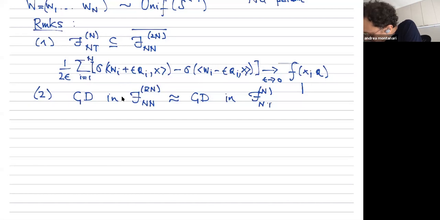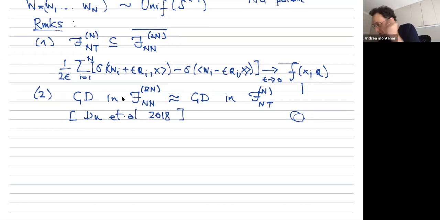Okay, what's happening here? So for this, there are a lot of references starting in, again, 2010, and I'll just mention Du et al. But there are many more. I should mention also Chizat and Bach.